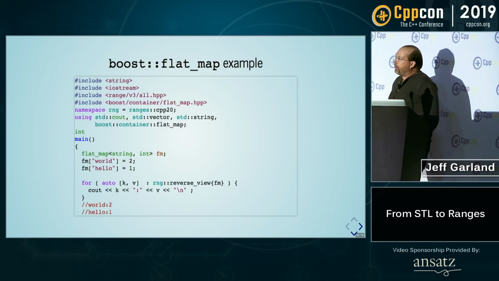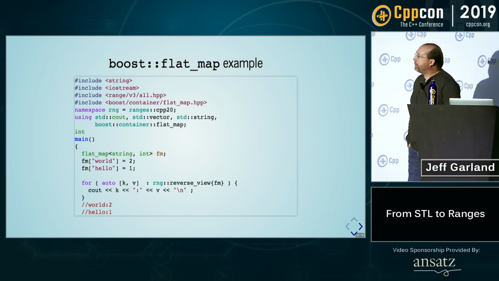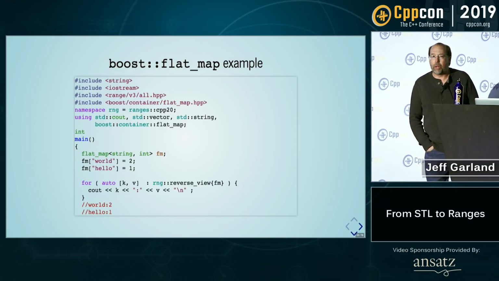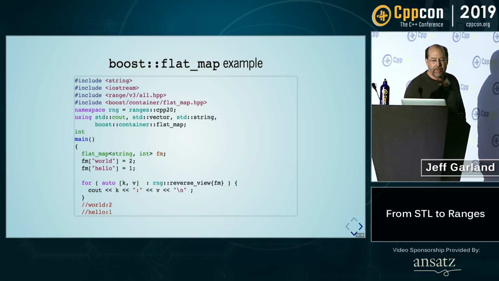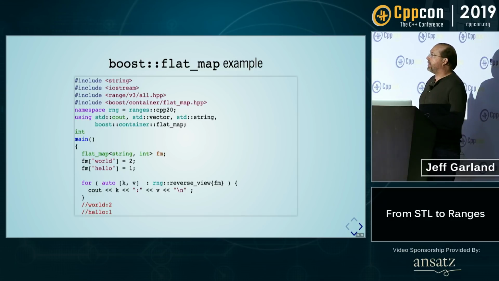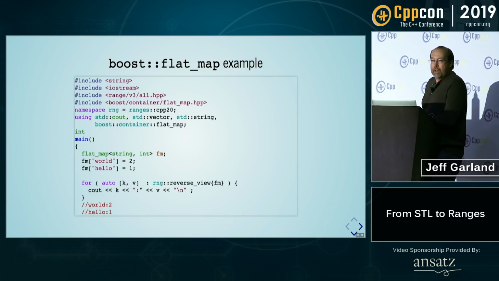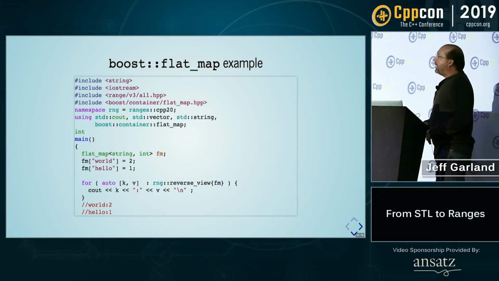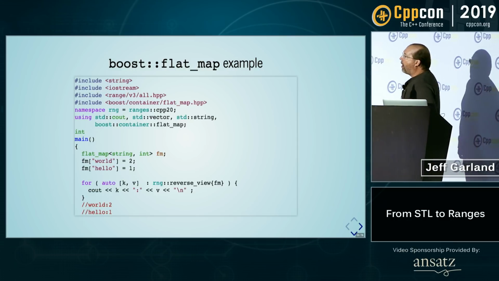So one of the most powerful things about the range design is that it leverages 20 years of C++ experience. And specifically, that begin-end semantic allows us to now apply ranges to all of the existing code in the world that has begin, end, and iterators. And it doesn't need to be modified at all.